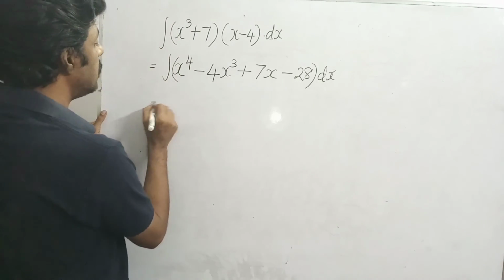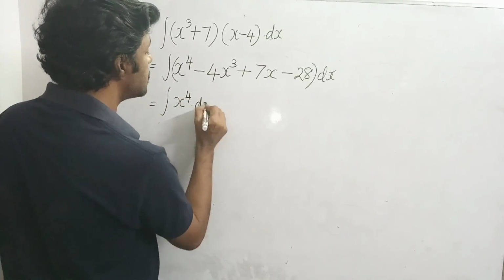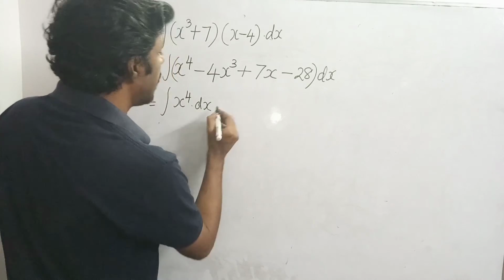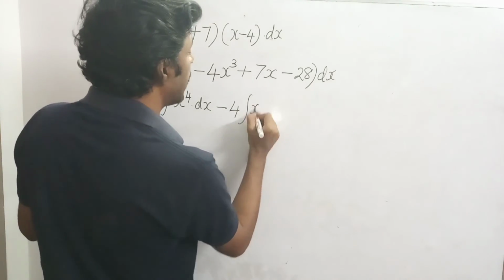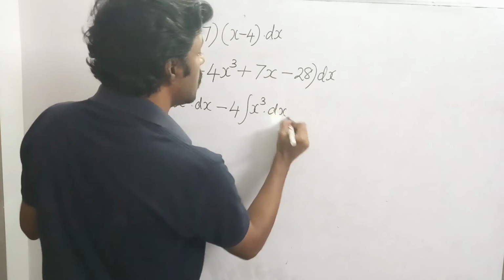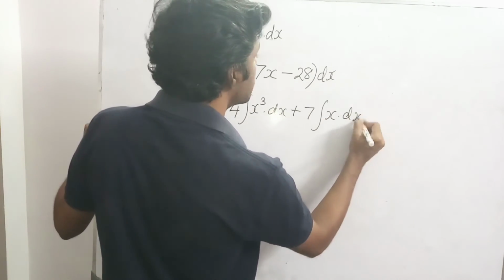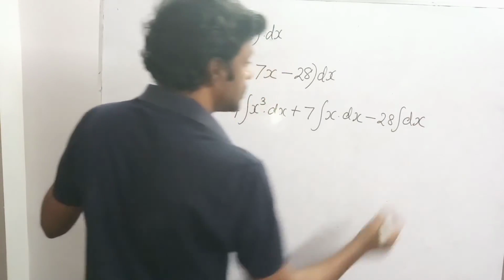So now it will be the integral of x power 4 into dx, minus 4 into the integral of x cube into dx, plus 7 into the integral of x into dx, minus 28 into the integral of dx.